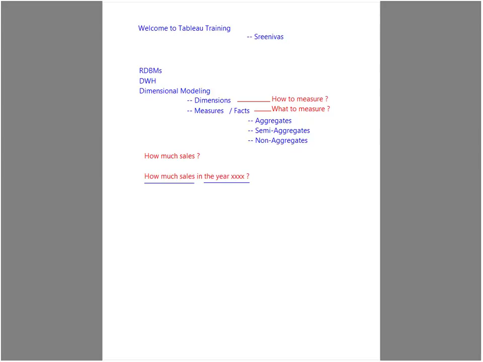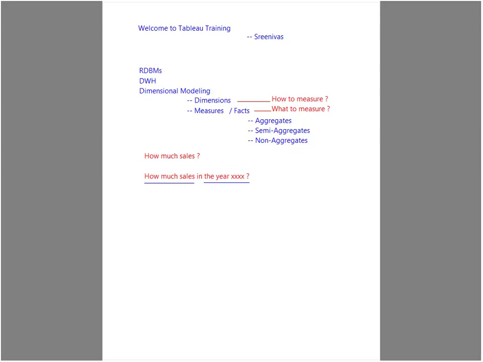In which region of my business? These are the things that help us write a question. You are trying to frame a question with a measure, what you want to measure, and how you measure it is called a dimension. How much sales in a year so and so?